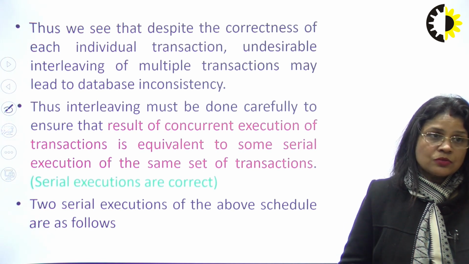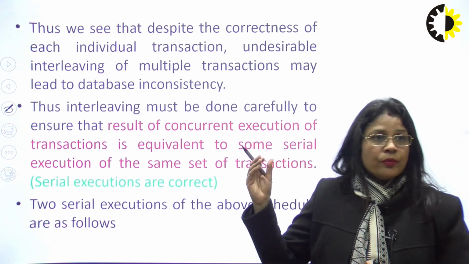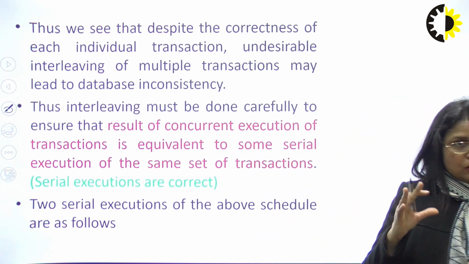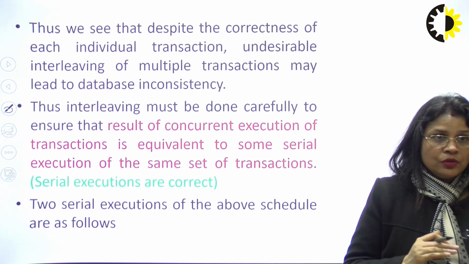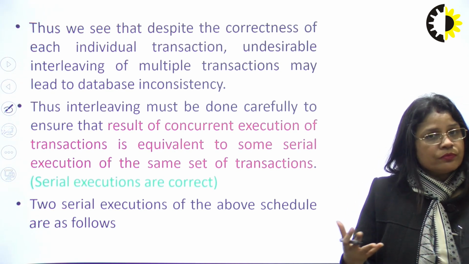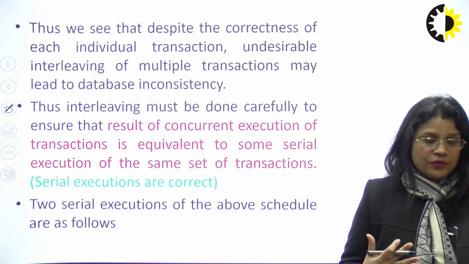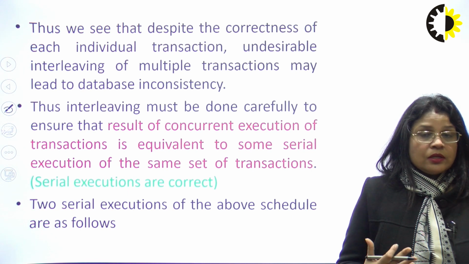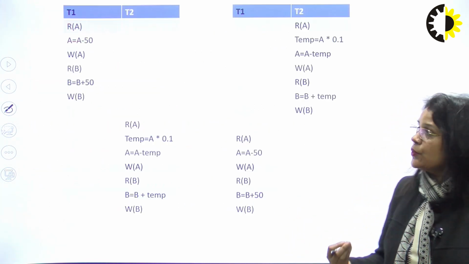This is done by the programmer. Okay, so the interleaved operation should be done very carefully. So serial execution is simple, but interleaved or concurrent execution is very different, right? Difficult. So the serial execution of the above schedule is as follows.